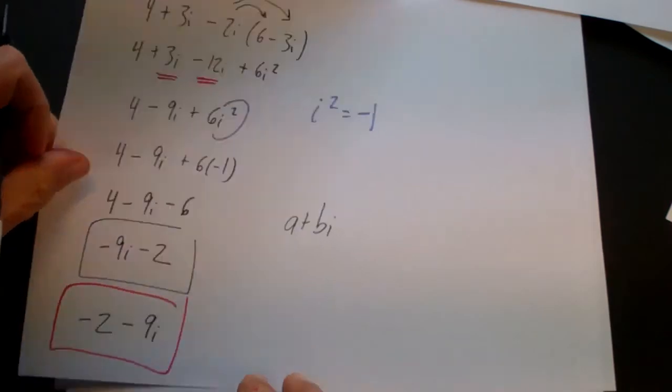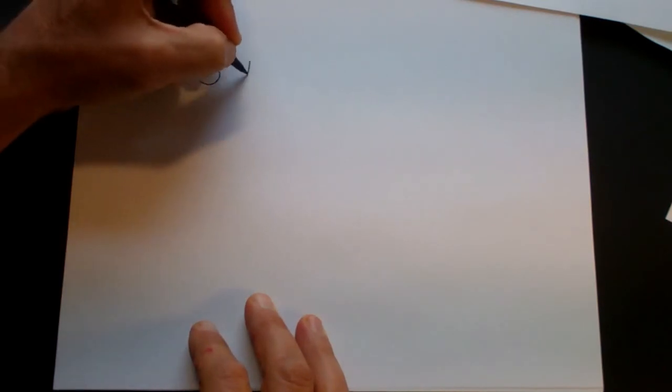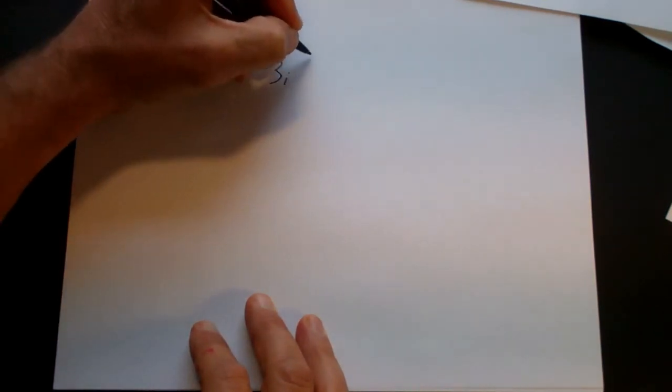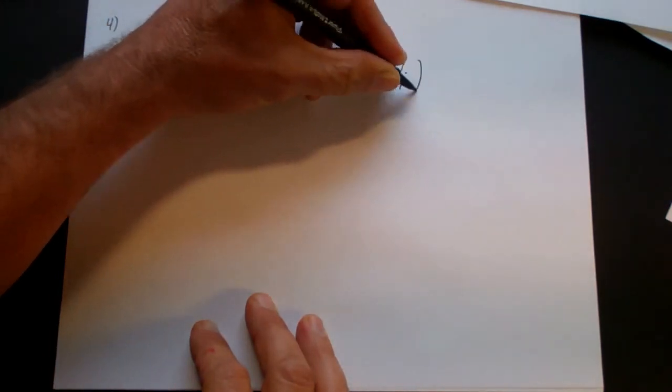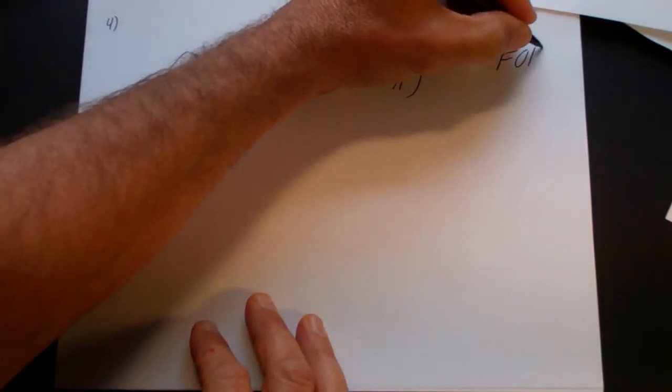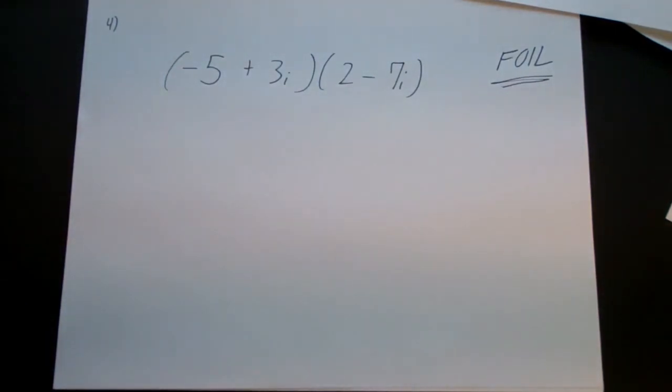The fourth one is a FOIL problem. I'm going to write this a little bit bigger than normal so that we can see better what's going on. FOIL stands for F-O-I-L. Now you might have been taught how to multiply these a different way, and there are different ways of doing this problem, so just check to make sure you're getting the right answer.